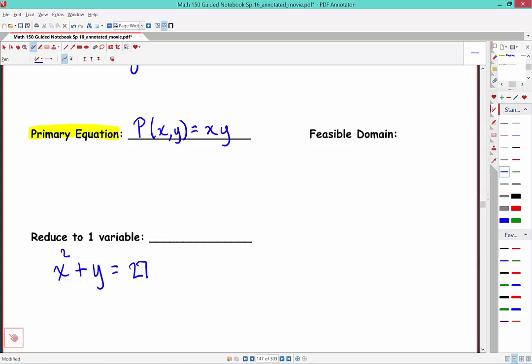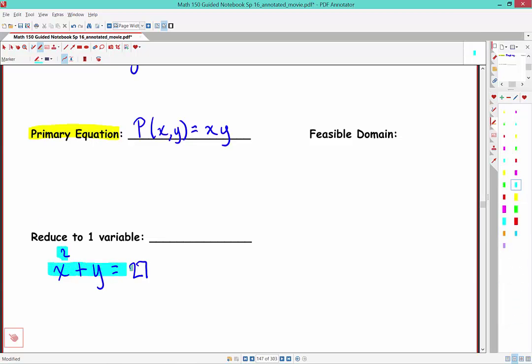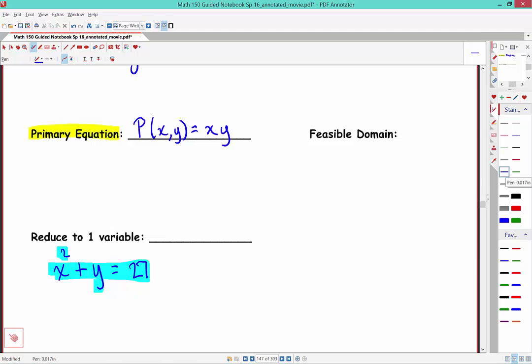Cool so far? Good, good. So this was that secondary information. Now notice in this information, it's an equation where we can isolate one of the variables. Which variable is easiest to isolate? Well, the y is, because it's not squared.